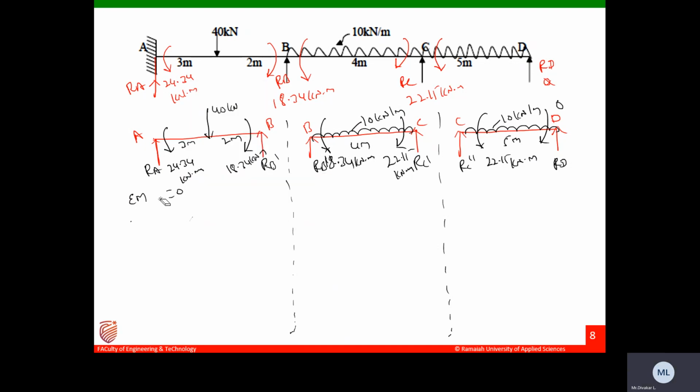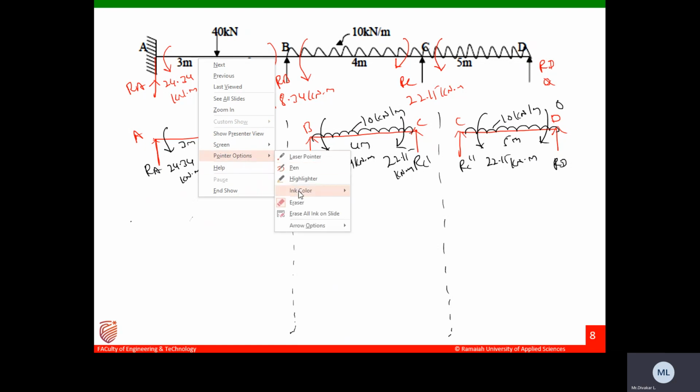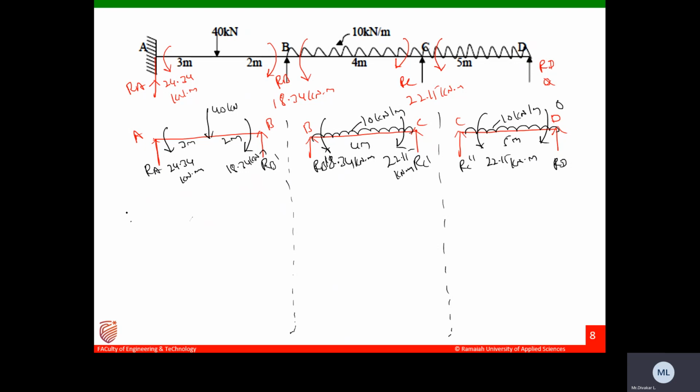Now what is the next step? Let us take the equilibrium condition, sigma MB equals to 0. Then 24.34 into 5, rotating clockwise it is plus.